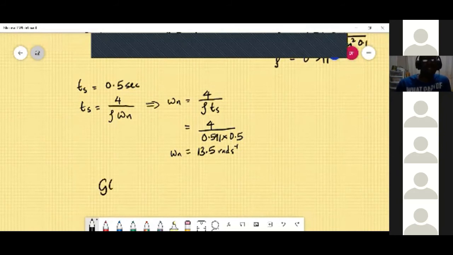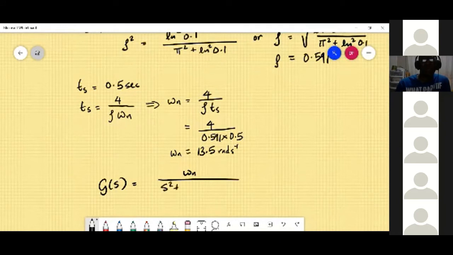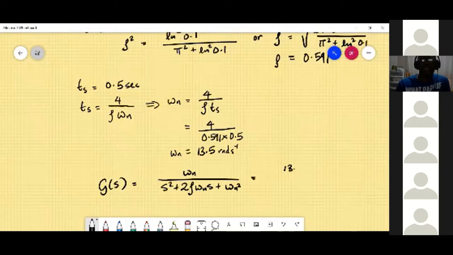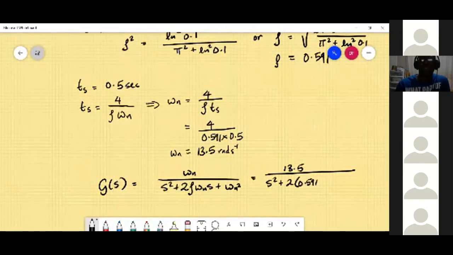This says G(s) is equal to omega n squared over s squared plus 2 omega n s plus omega n squared. I'm filling in the values. We're not really so concerned with the top as with the denominator. So it's s squared plus 2 times 0.591 times 13.5 s plus 13.5 squared.